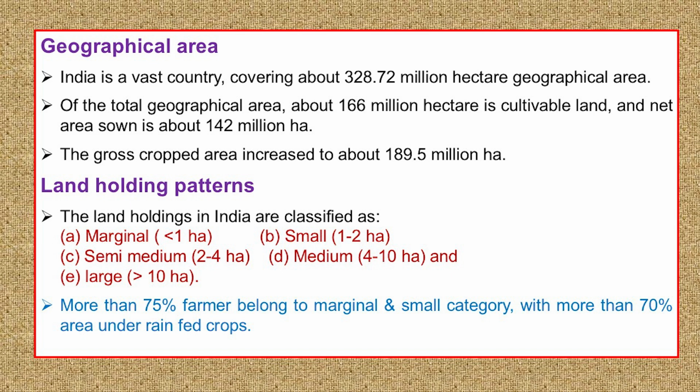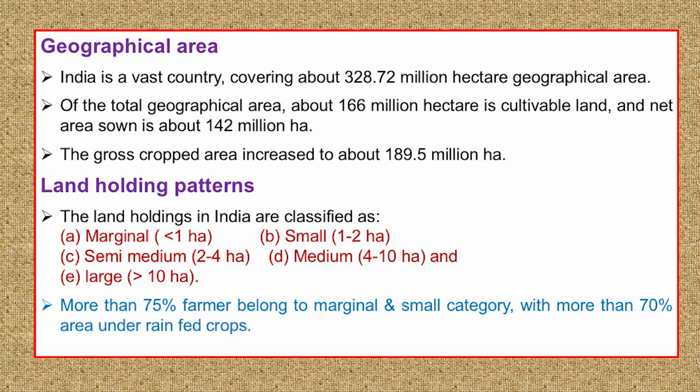Out of this, only 166 million hectares is suitable for cultivation, where we can practice agriculture, and we could use only 142 million hectares so far. It means another 24 million hectares of land is still there in which we can grow crops.